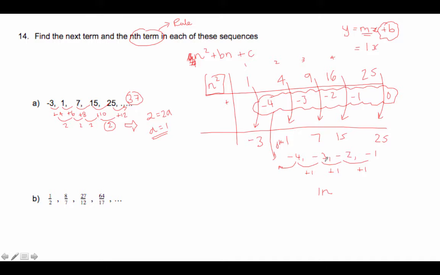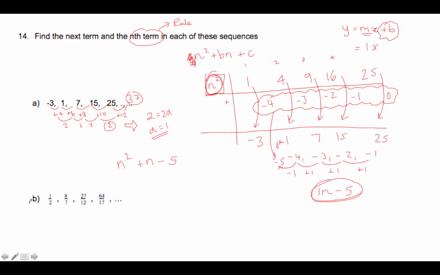Well, instead of going up by 1 if I go to the right, I'm going to go down by 1 because I'm going to the left. So it'd be 1n minus 5, or just n minus 5. Remember I had n squared to start with, and then we add on this other rule, n minus 5. So it's n squared plus n minus 5.